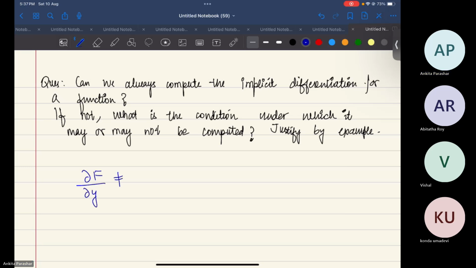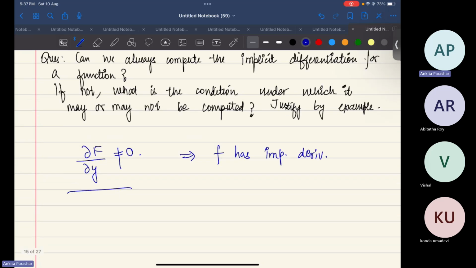So this is the sufficient condition in order to say that f has an implicit derivative. Now, can we see a certain example where this is not true and therefore we cannot compute the implicit derivative?